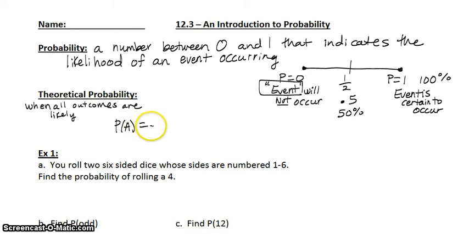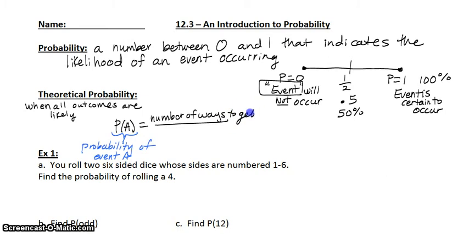When I'm doing probability, I use P with parentheses, and the thing in the parentheses is what I want. So I would read this, the probability of event A happening. So the probability of event A is the number of ways to get A divided by how many total outcomes there are.